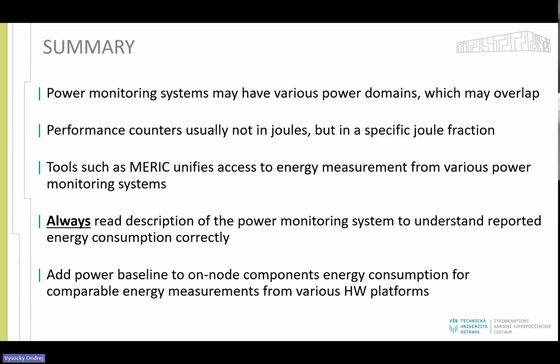Performance counters are usually not in joules, but in a fraction of a joule, because it is unsigned long, depending on the case. If it were accumulated in joules, the joule is too large a unit, so the precision would be low. So it's important to understand in what unit the performance counters present the information.